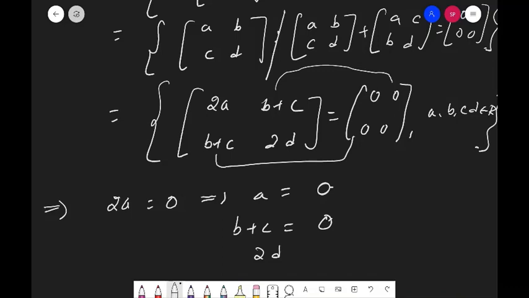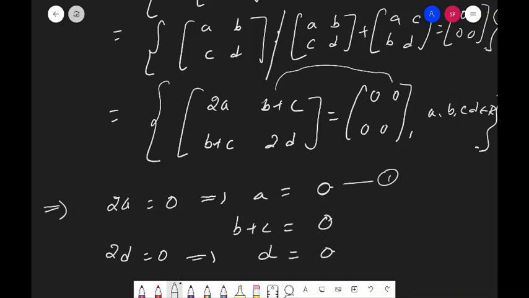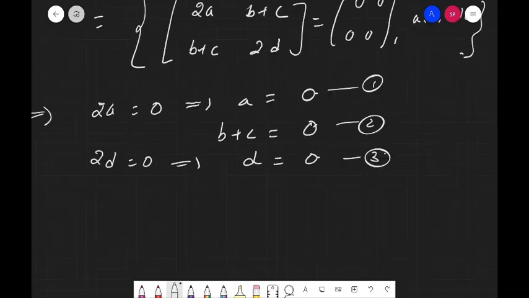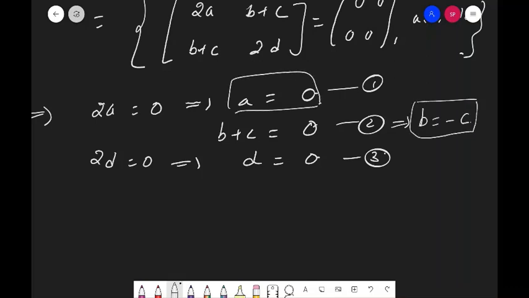And then 2D is equal to 0, which implies D is equal to 0. So now I have these three equations: A is 0, B plus C is 0, and D is 0. B plus C is 0 means B is equal to minus C. So I have A is 0, B is minus C and D is 0.